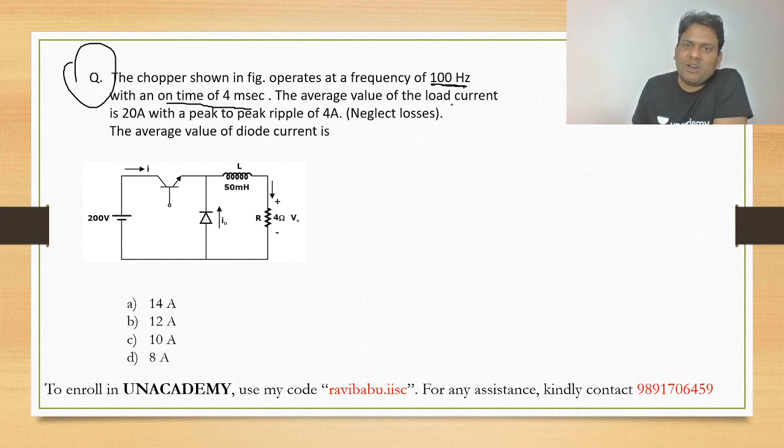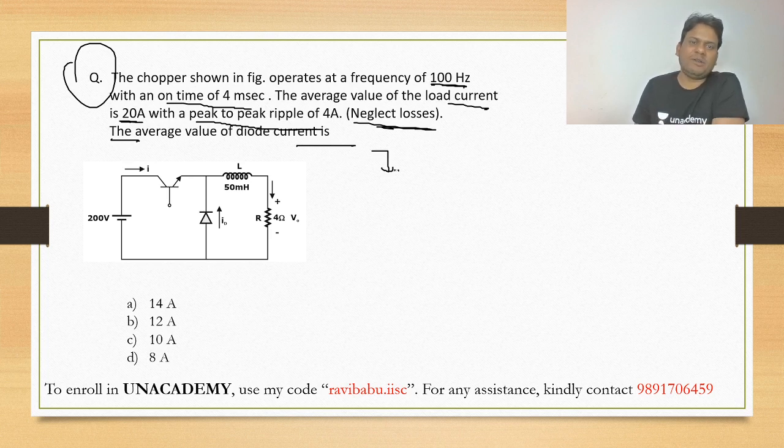The average value of load current is 20 ampere with a peak to peak ripple of 4 ampere. Neglect losses. The average value of diode current is? Yes, everyone, please tell.